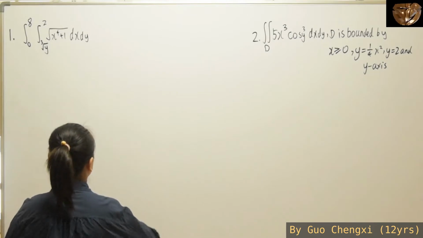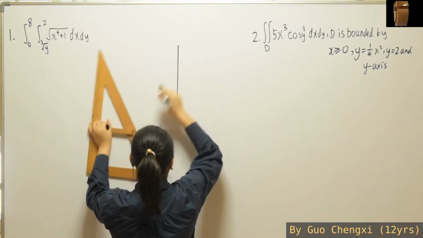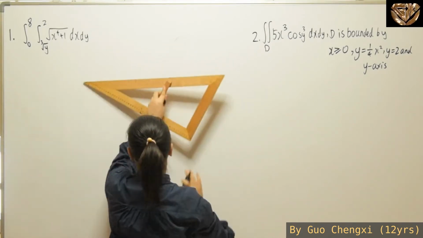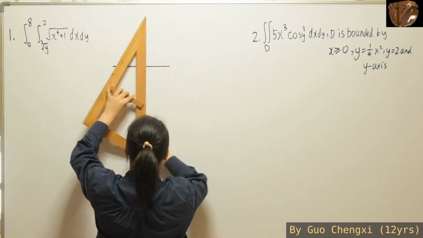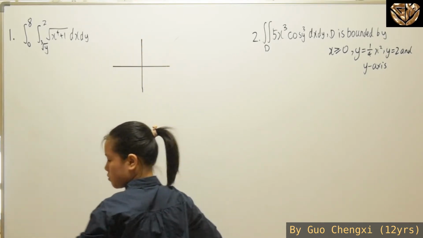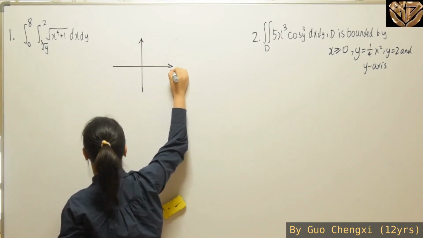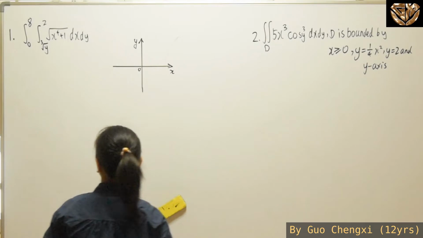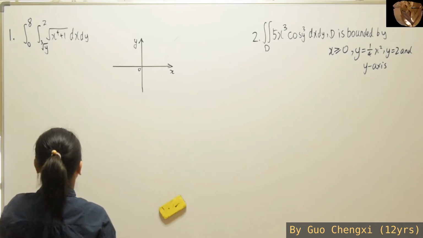So what we'll have here is x is equal to square root y, to x is equal to 2. So x is equal to square root y.